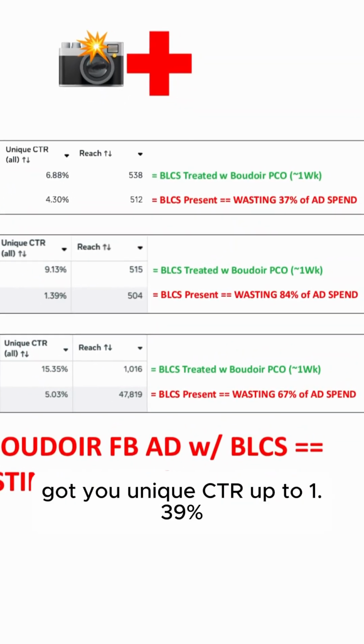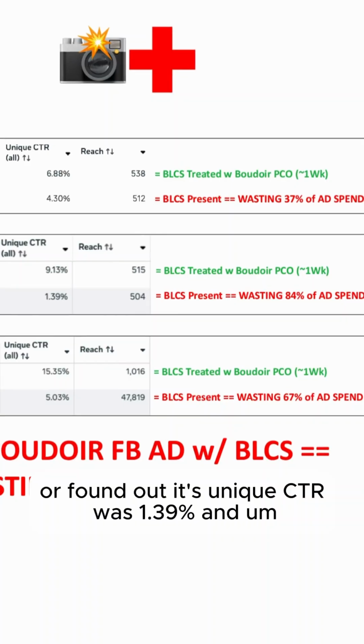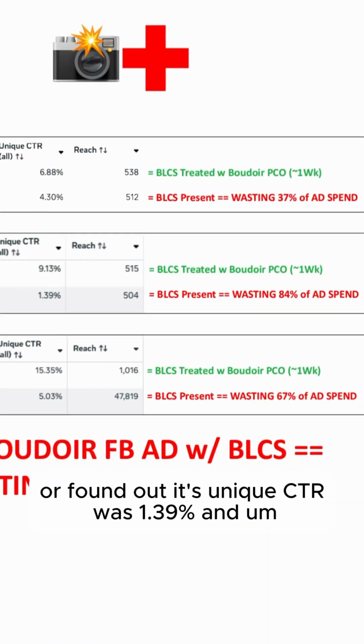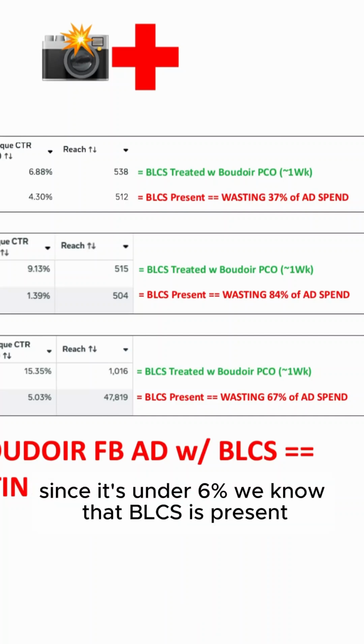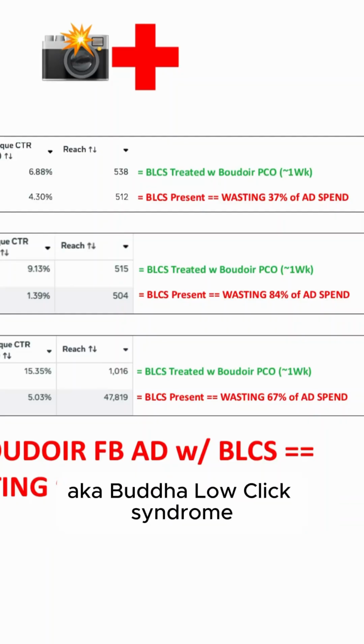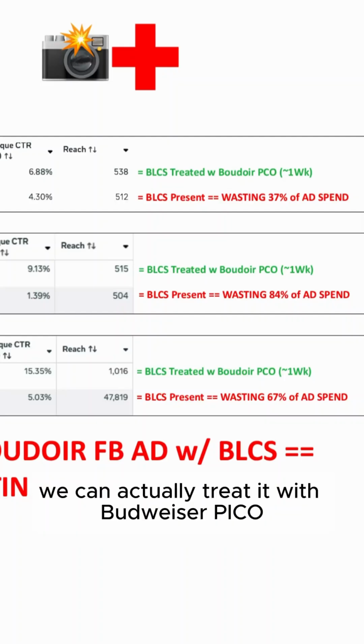Found out its unique CTR was 1.39%, and since it's under 6%, we know that BLCS is present, aka Boudoir low click syndrome, and as a result, we can treat it with Boudoir Pico.